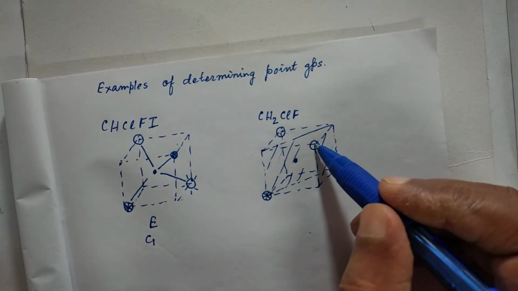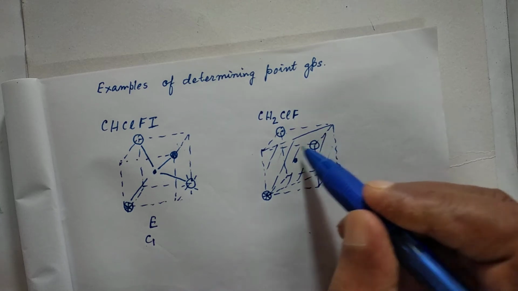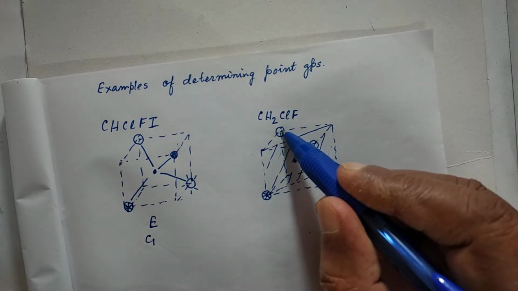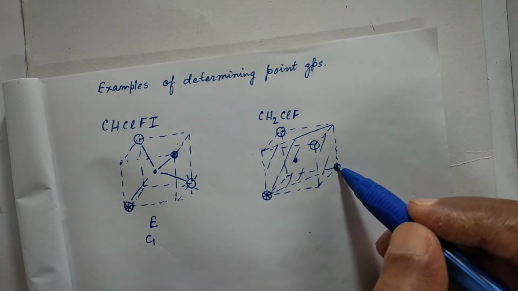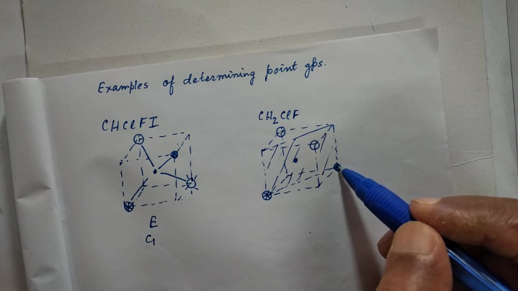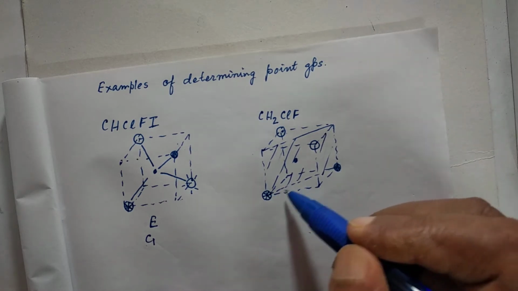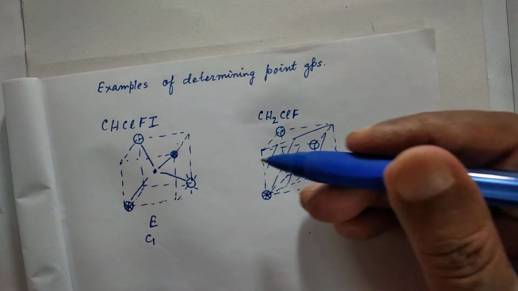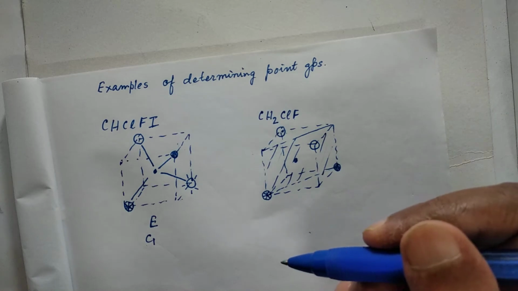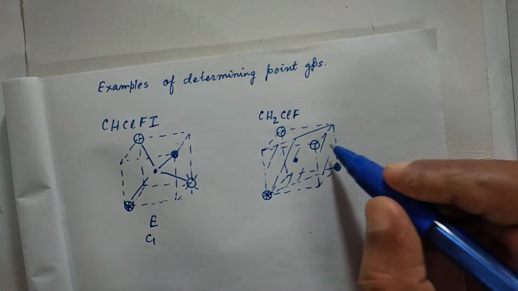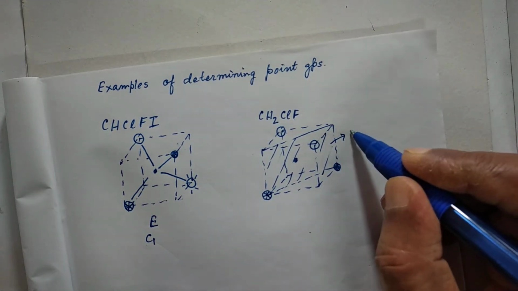One half will contain hydrogen on this side, the other half will contain hydrogen on that side, and these 2 atoms will be cut into 2 pieces, one half on that side, the other half on that side, and thus one half of the cube is a mirror image of the other half if this plane acts as a mirror plane.